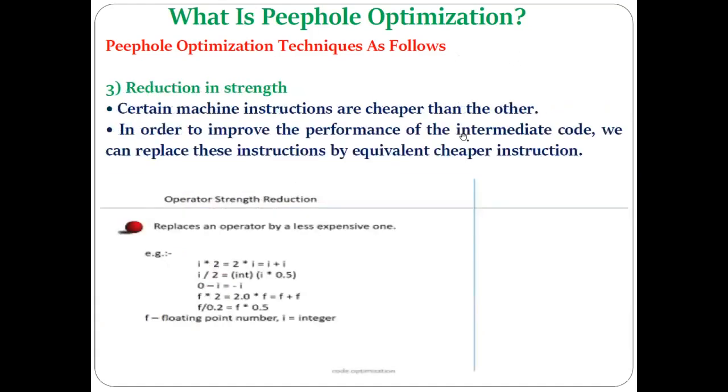Okay. Then the next technique we have in peephole optimization is reduction in strength.